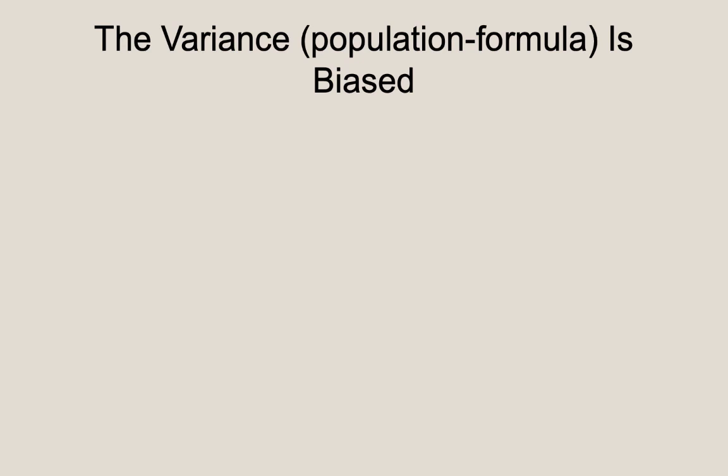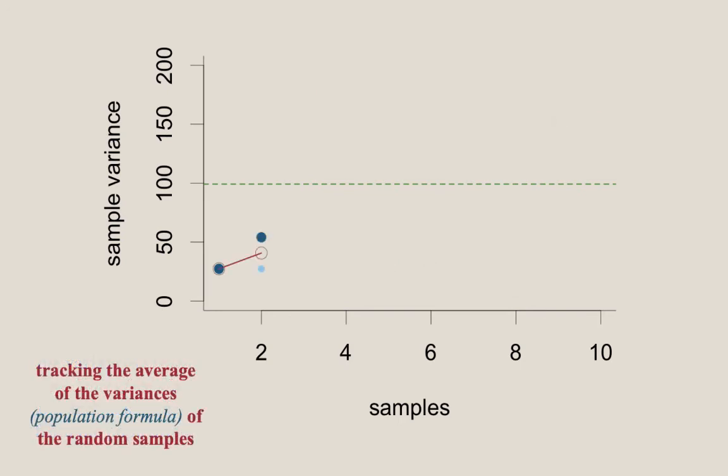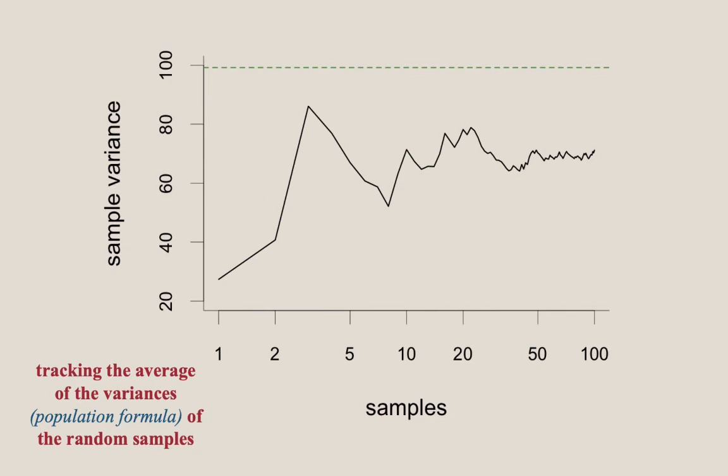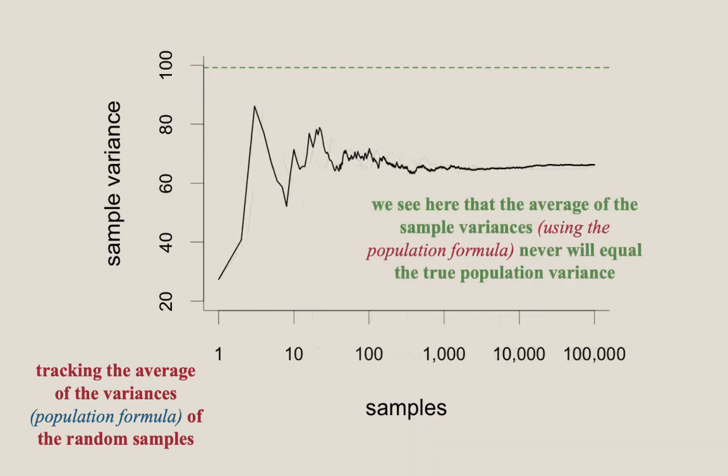Now, if I calculate the variance from my samples with this same formula, that is the population variance formula, just replacing capital N with lowercase n and mu with x bar, on average, this population-based formula will give an underbiased estimate for the true variance of the overall population. That is, the average of the variances for each sample using the population formula will be less than the true population variance.